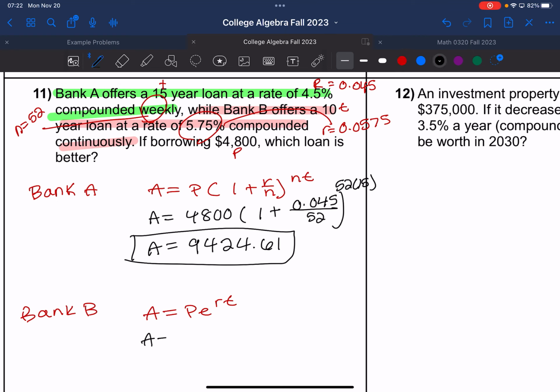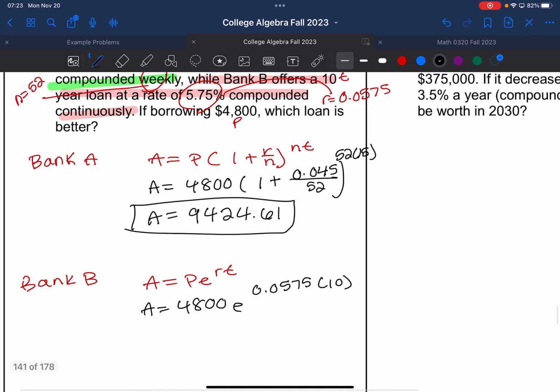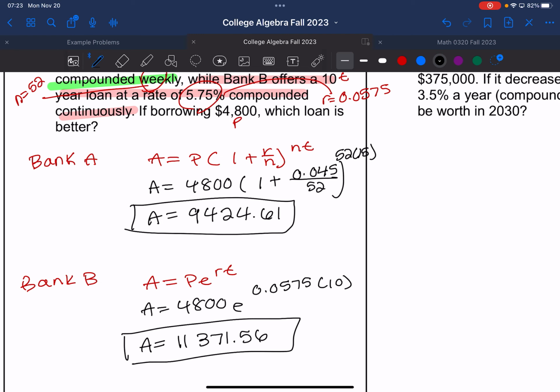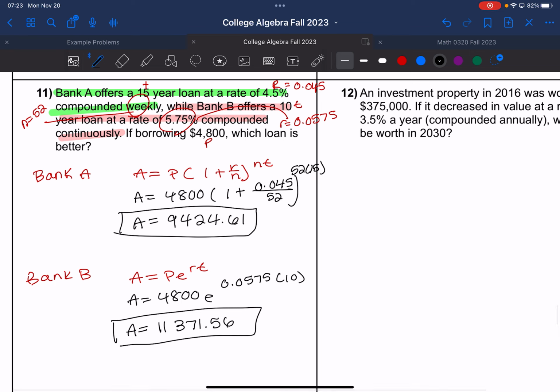So I have A is equal to 4,800 times E to the power of 0.0575, that's our rate, times 10, that's our time. Plugging that into your calculator, we get 11,371.56. If we are borrowing money from the bank, these are the amounts that we're going to end up paying back.